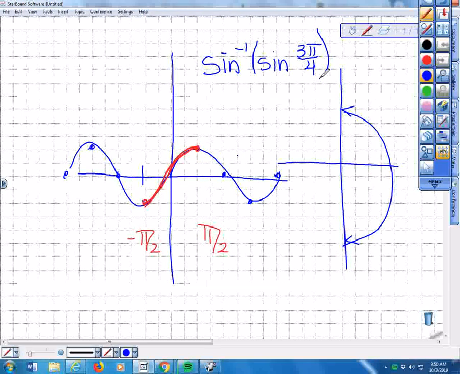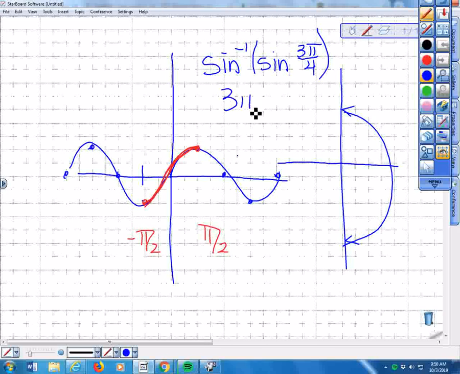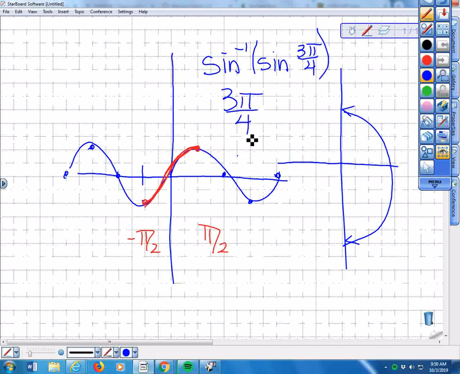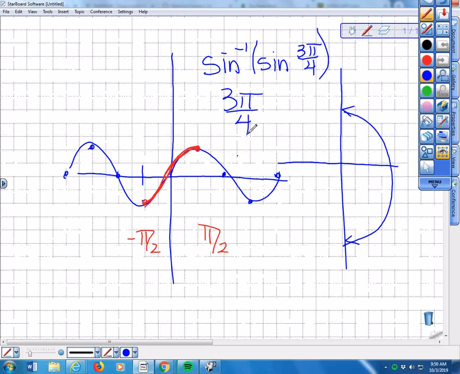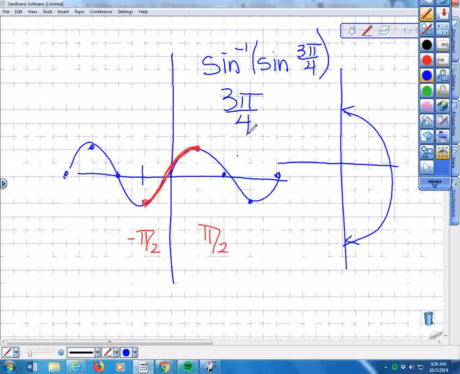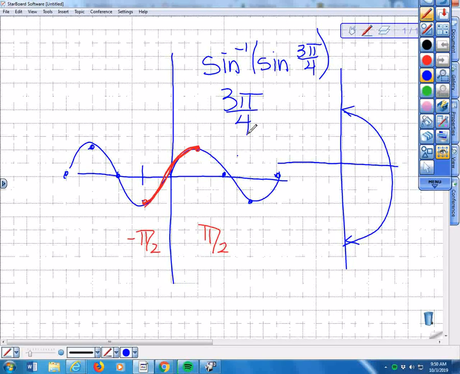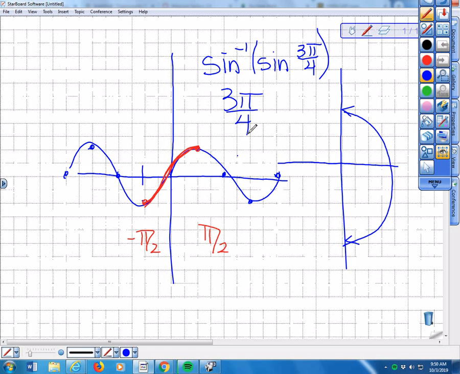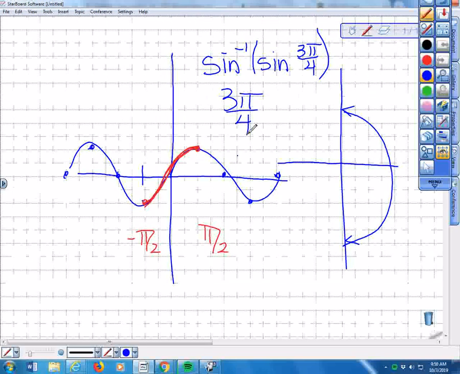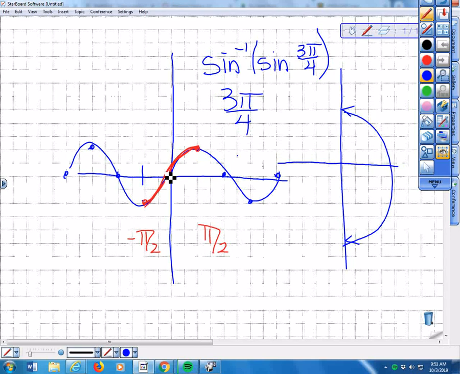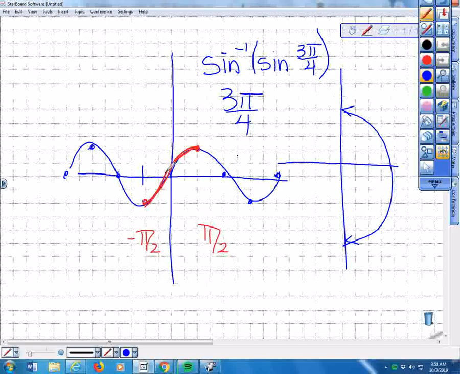Right? So your answer then would be 3 pi over 4. And it would be wrong. Because 3 pi over 4 is not in the first and fourth quadrant. And it has to be, for the inverse sine function, it has to be restricted to just the values in those two quadrants.